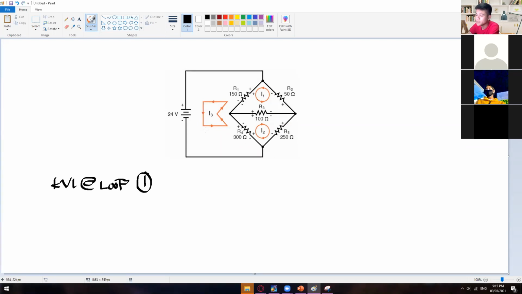Okay. So in here, you chose to get the sign on the first, wherein it will enter the component. So we have here positive 50 I sub 1, and then positive 150, I sub 1.